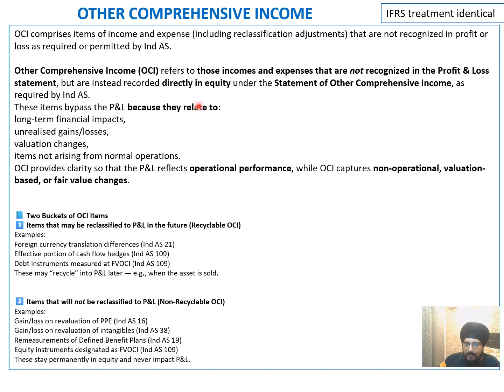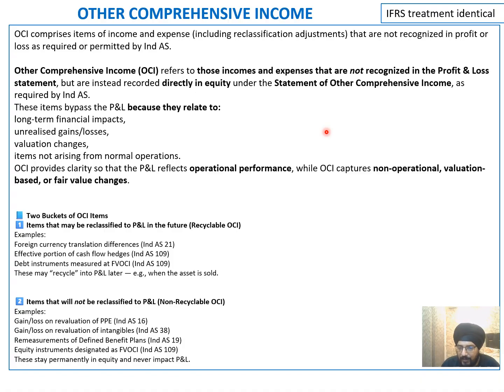These items bypass the P&L because they have long-term financial impact, related to unrealized gains or losses, largely on account of fair market valuation changes, items not arising from normal operations. So a thumb rule is that if it is not from normal operations, it has to be shown as other comprehensive income.